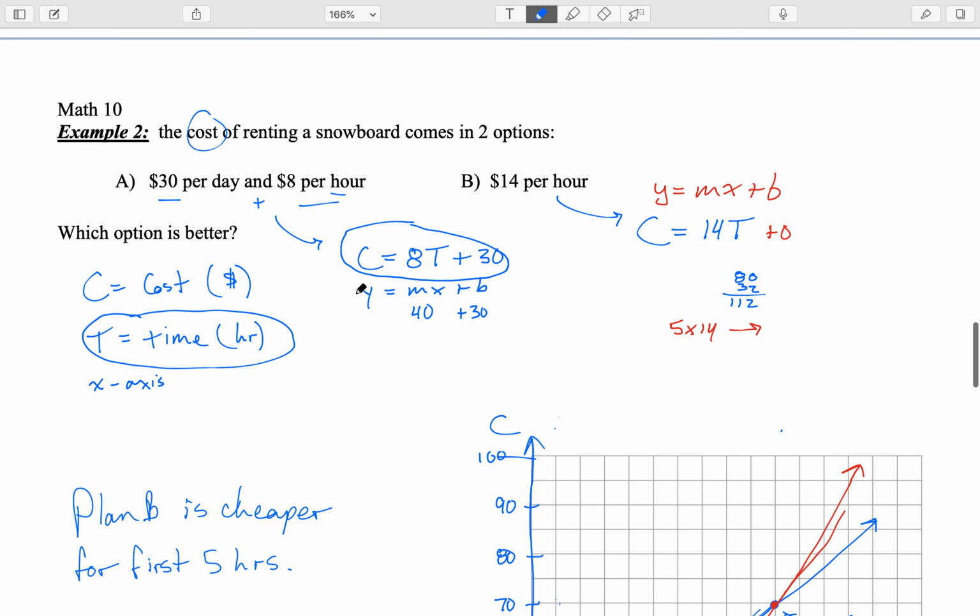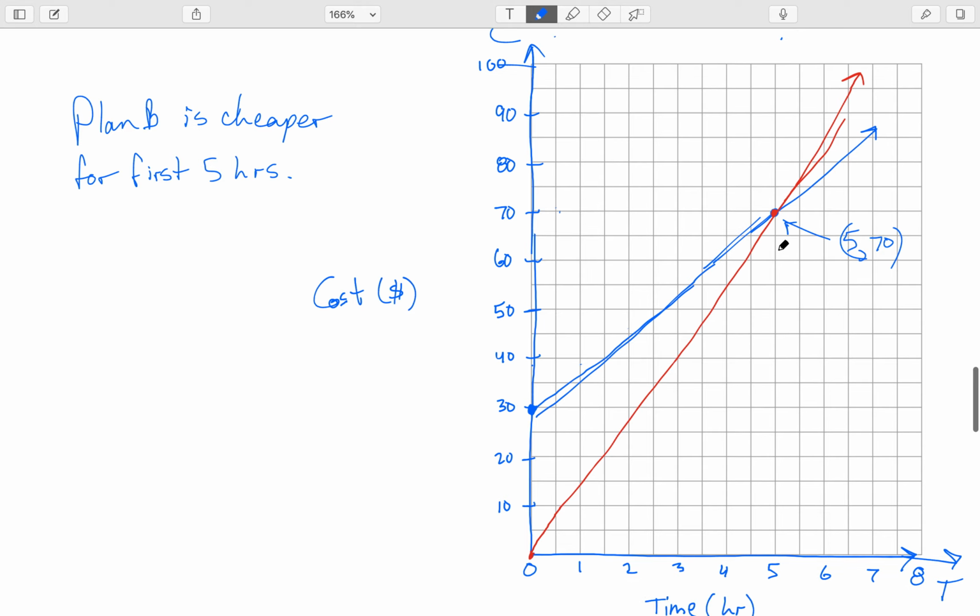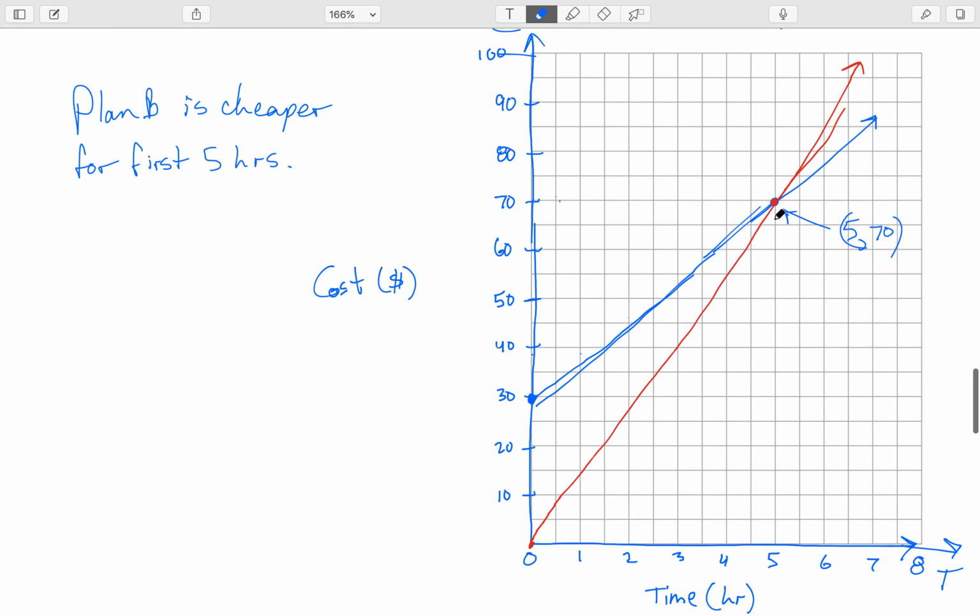Which option is better? Well, it kind of depends. At 5 hours, they're both exactly $70. But if you went for 6 or 7 hours, then the blue line is actually less money because this one becomes more. Let's say you went for 6 hours. This one's going to be around 75, 76 bucks, whereas the other one is 85. So 5 hours, no difference, they're exactly the same.